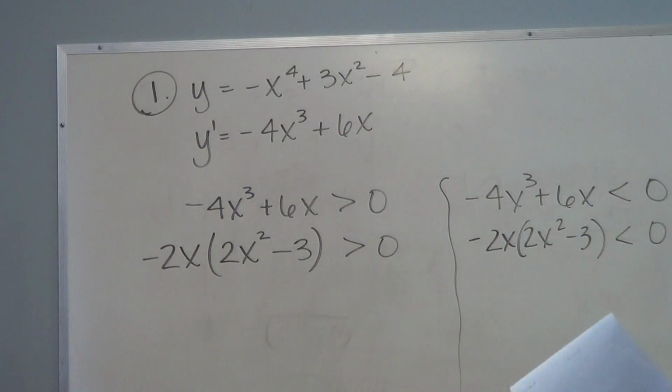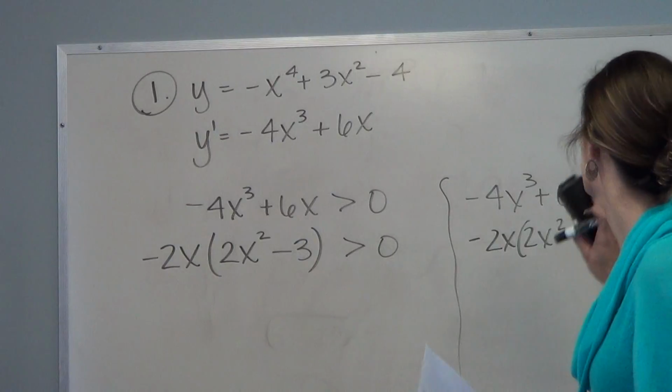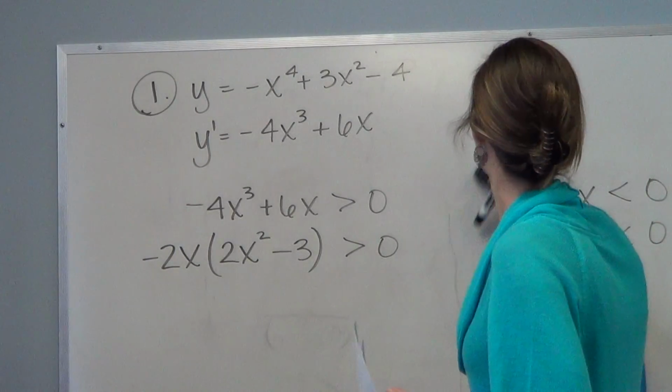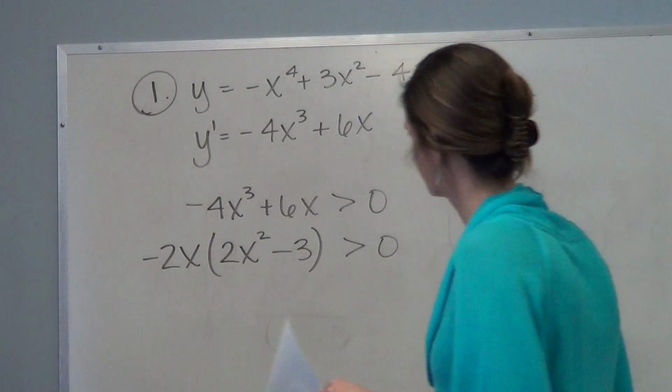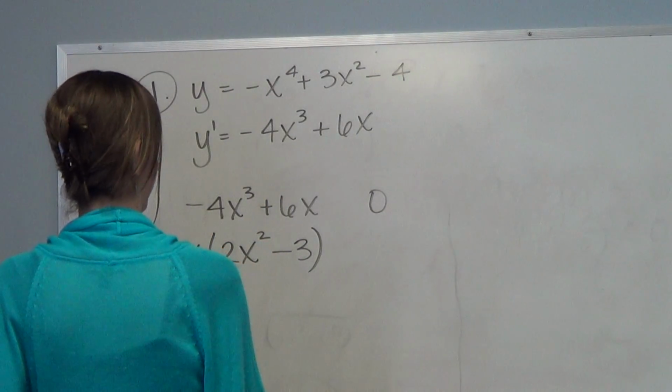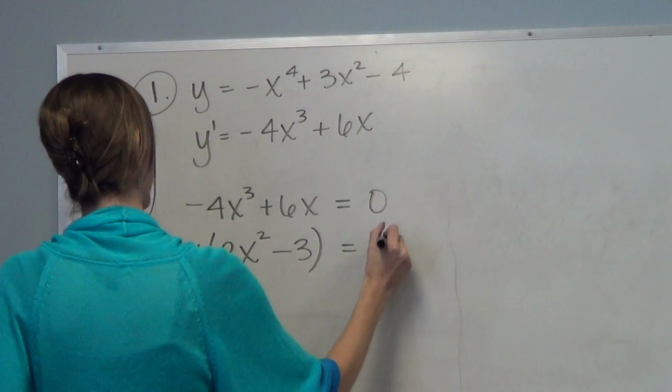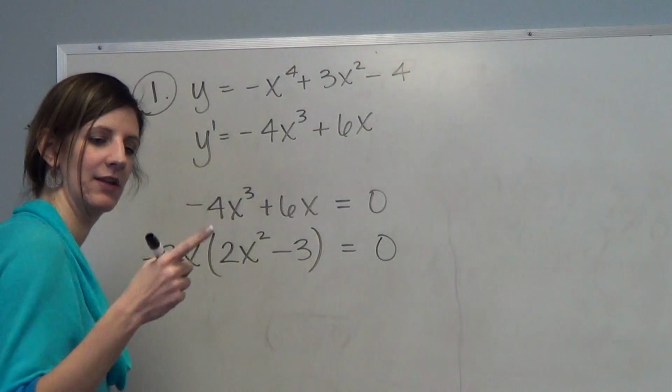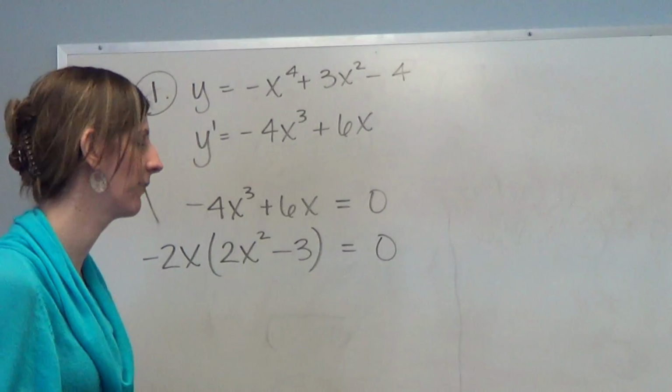Yeah, let's do that, because these are a little bit more. Let's go with equal. So this will give us the critical points. And that makes it a little bit easier.